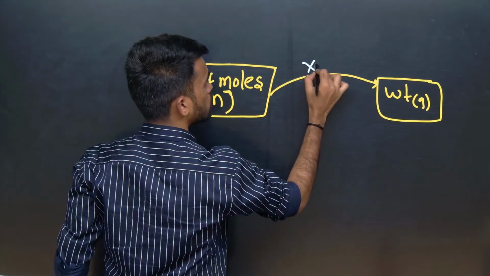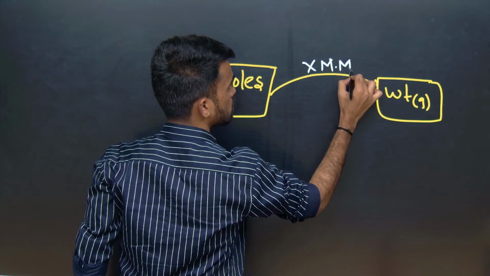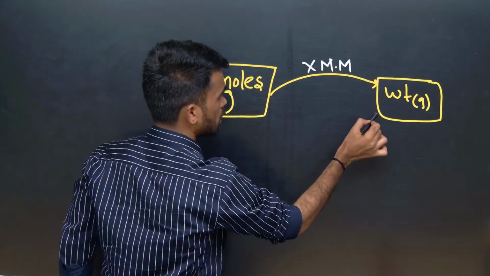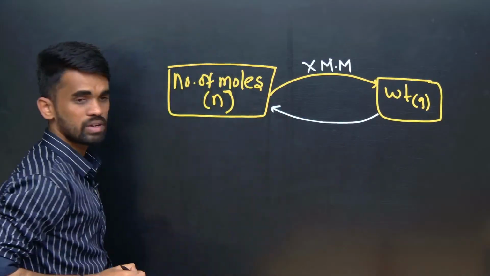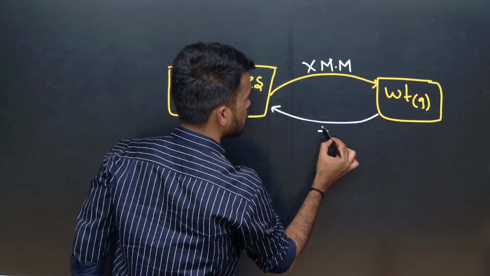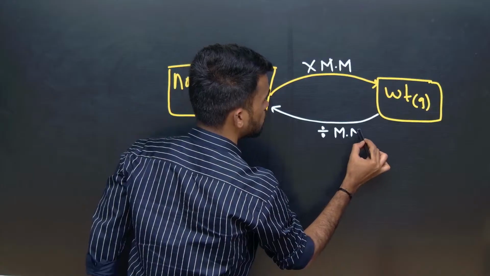Number of moles into molar mass, or gram molecular weight we can say. Now weight is given, number of moles is asked, what can we do? Weight divided by molar mass.